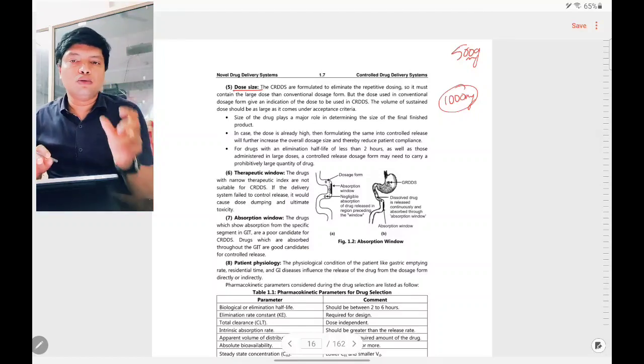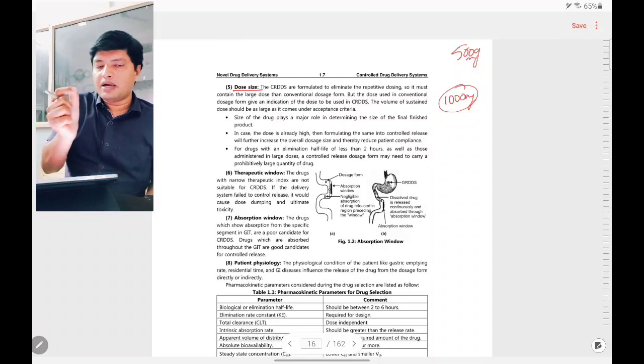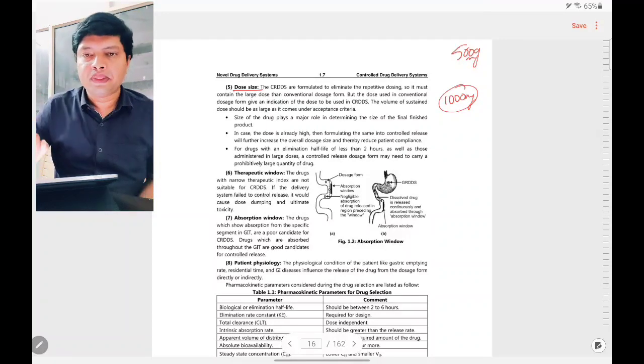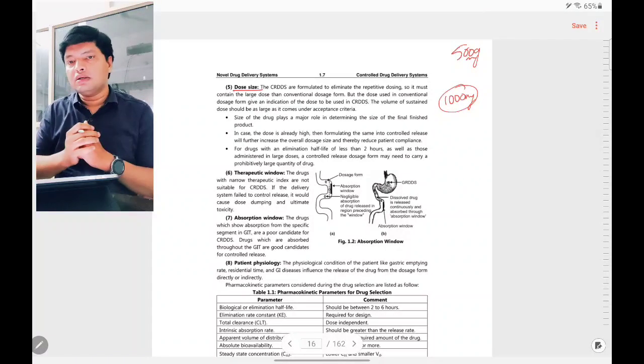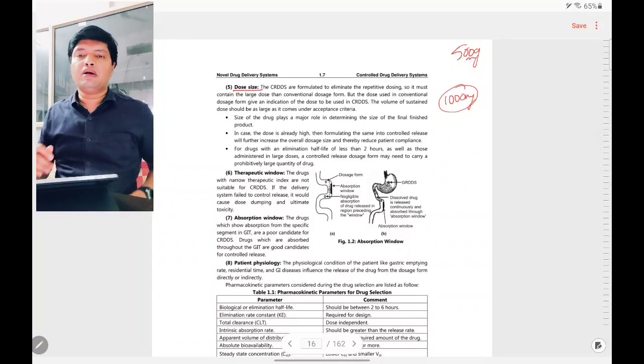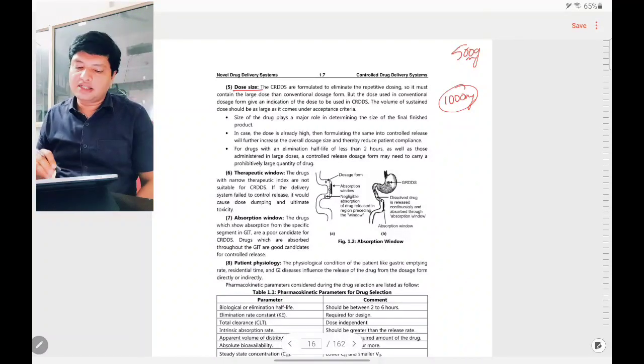We want our drug dose to be less. If the drug dose is less, the size of the tablet, or dosage form, will be smaller. Otherwise, the size will be huge, hugely influenced by your dose. So for designing, drugs which have a low dose are the good candidates for designing a controlled drug delivery system.